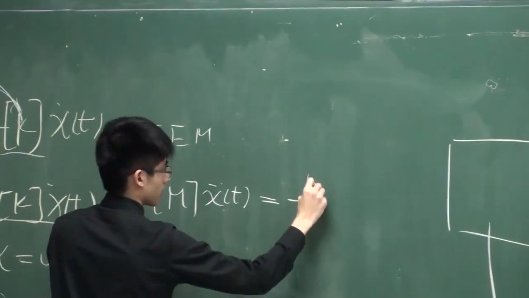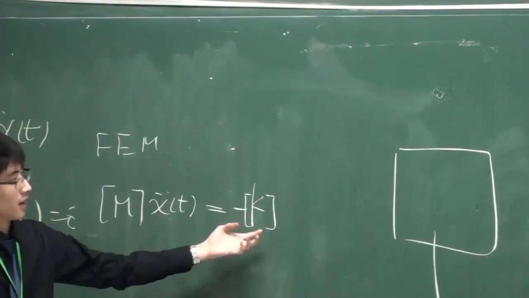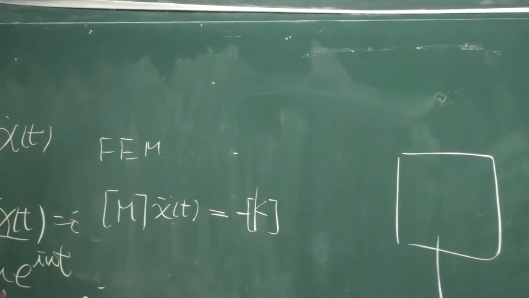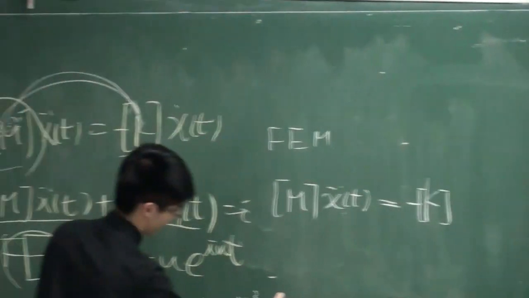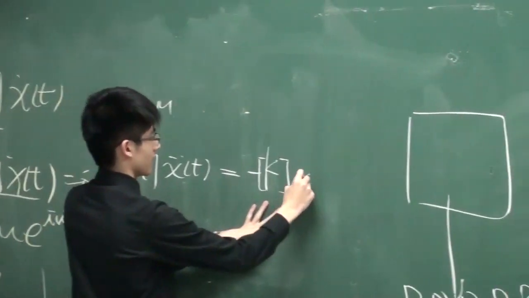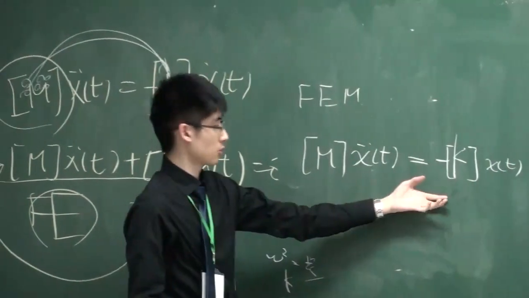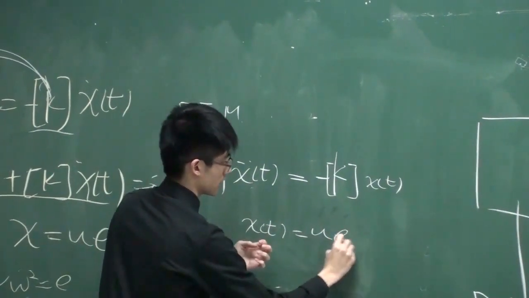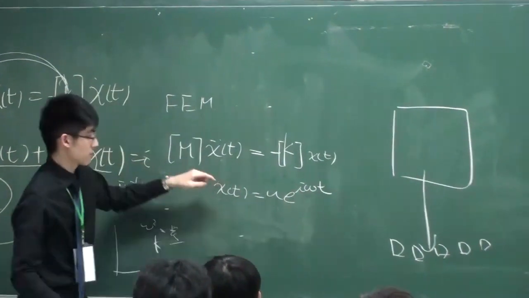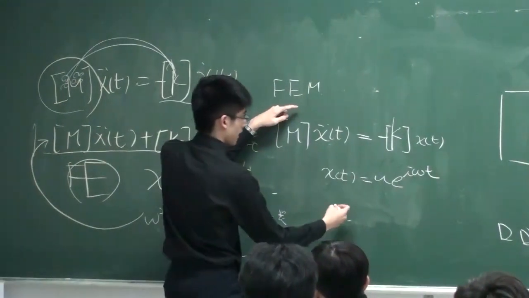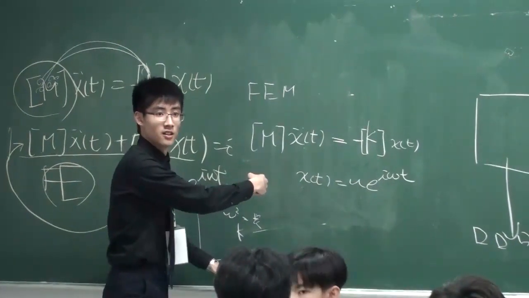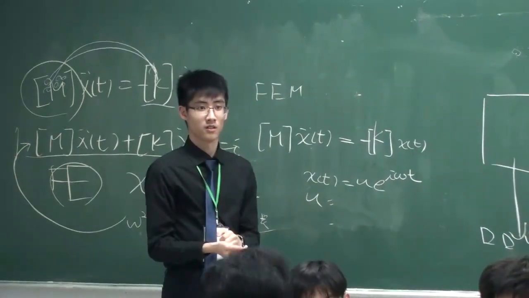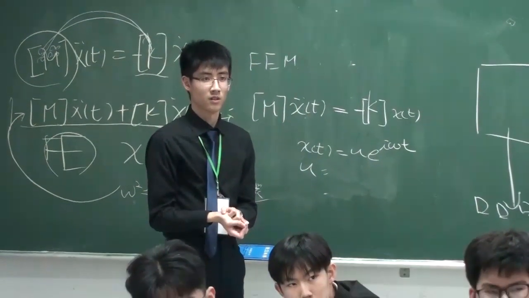It equals K, which represents the K used in his theory, where omega squared is K over M, and x is the displacement. If we solve this equation, we get a general solution where x is U e to the i omega t. We substitute this back here and we will have the eigenvector of U.